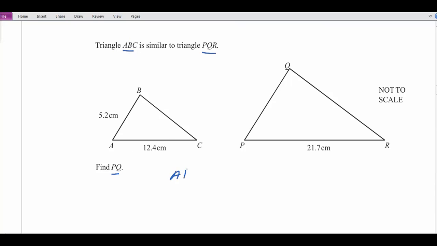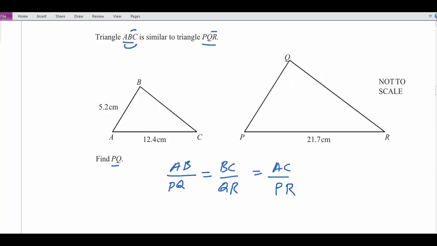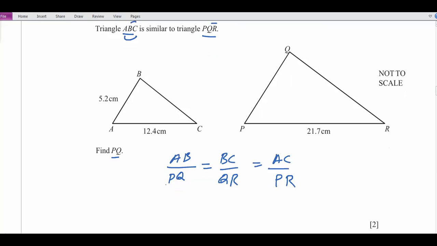You will take AB over PQ because AB and PQ are corresponding, equal to BC over QR, then AC over PR. Put the known values and we will find the unknown values. AB is 5.2. PQ is not given. We have to find that one, write it.